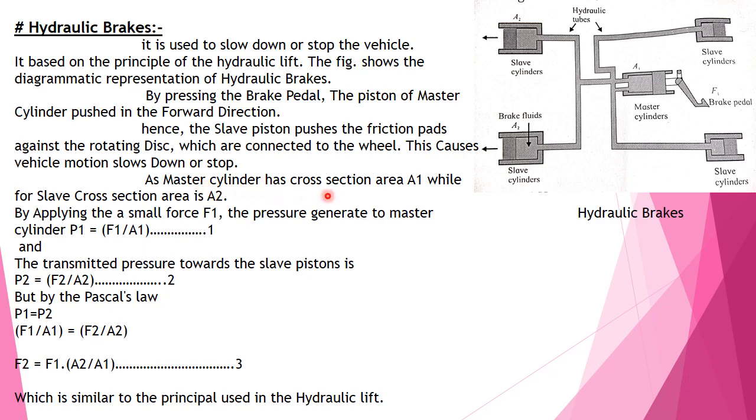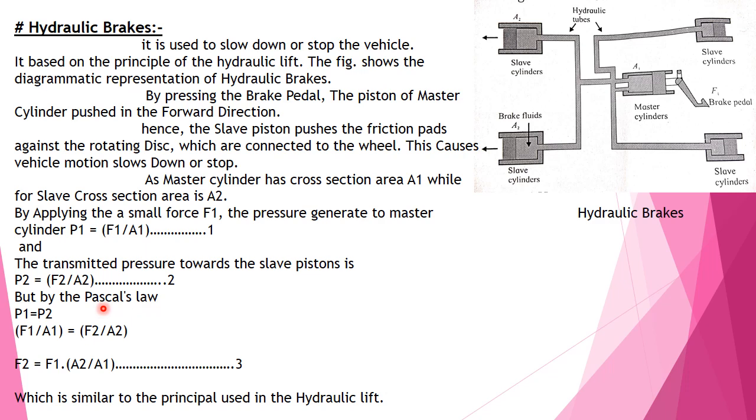The master cylinder has cross-section area A1 and the slave cylinder has area A2. Therefore, the force and the pressure at cylinder A1 is given by P1 is equal to F1 upon A1, equation number 1, and the transmitted pressure towards the slave piston is P2, P2 is equal to F2 upon A2.